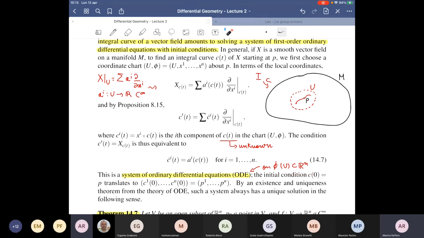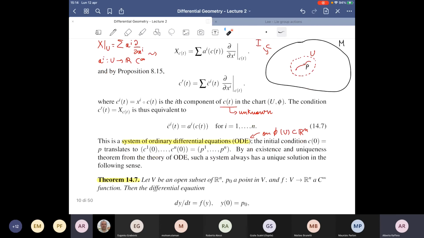So we have a system of ODEs, and we know how to deal with it because analysis tells us how to deal with it. And so requiring that an unknown curve is the integral curve of some vector field boils down to obtaining a system of ordinary differential equations involving the components of the curve with respect to a chart.